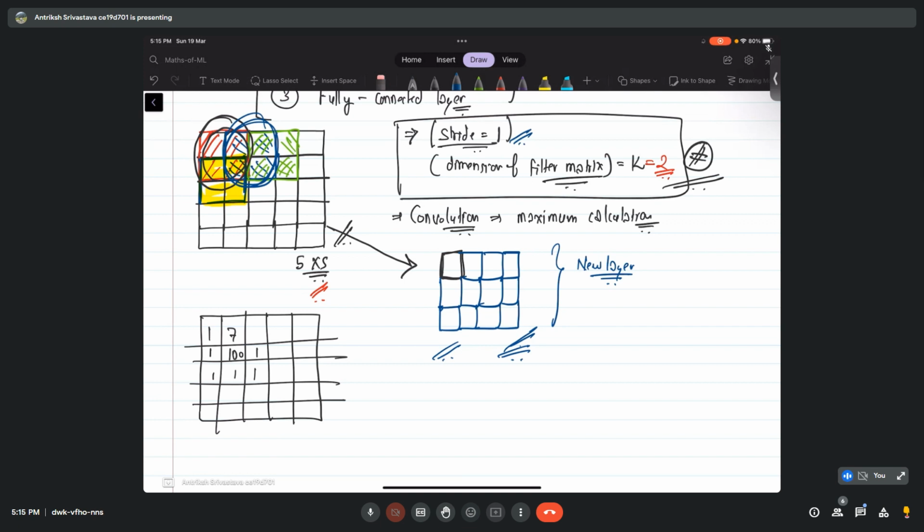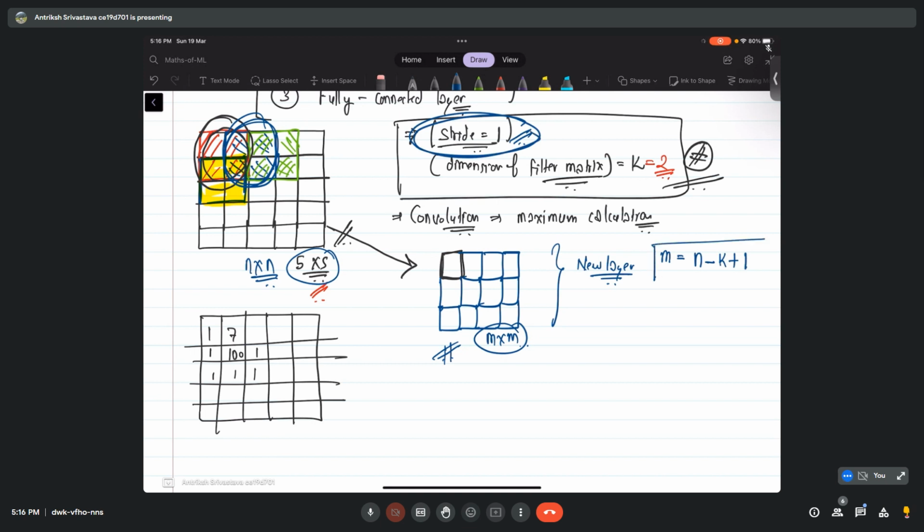or you can use this formula. Let's say this is an m by m square matrix. Always use a square matrix to keep your operation simple. You can probably do a non-square matrix, but I have not seen it anywhere, so I would not suggest it. Use a square matrix only. So what is this m? Let's say the original was n by n; then m is n minus k plus 1, keeping the stride at 1.